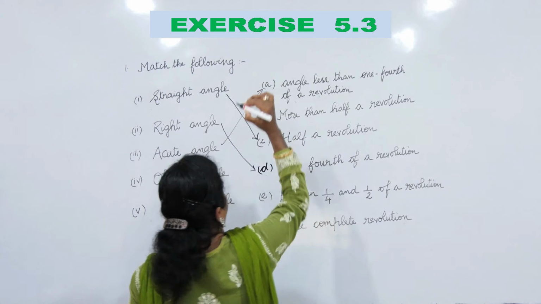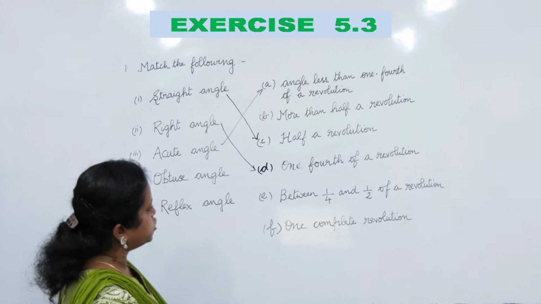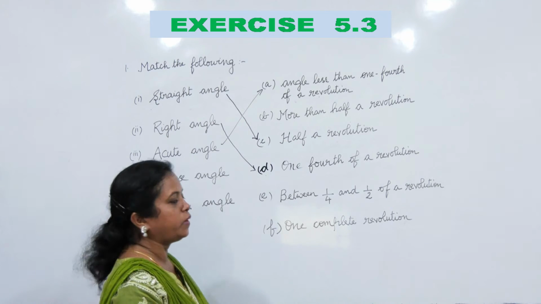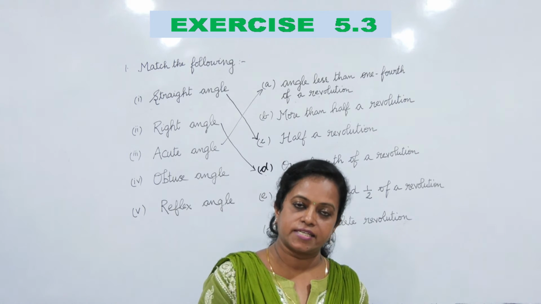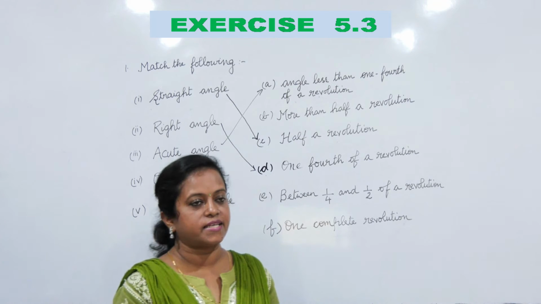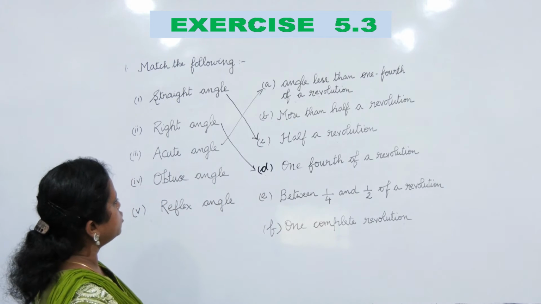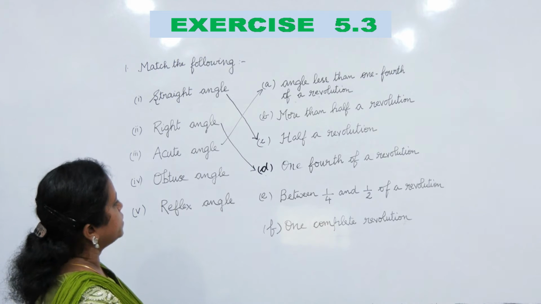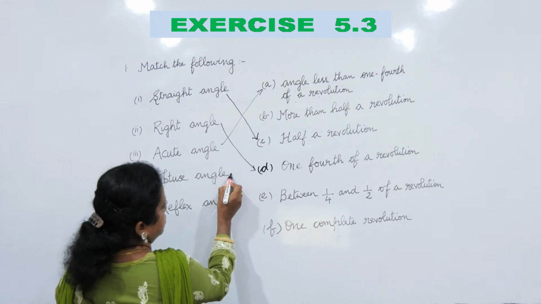So the answer for 3 will be A. Now the fourth option here is obtuse angle. If you remember what we learned, an obtuse angle has a measure greater than 90 degrees but less than 180 degrees. That means the option here for obtuse angle will match between 1/4 of a revolution and half of a revolution.